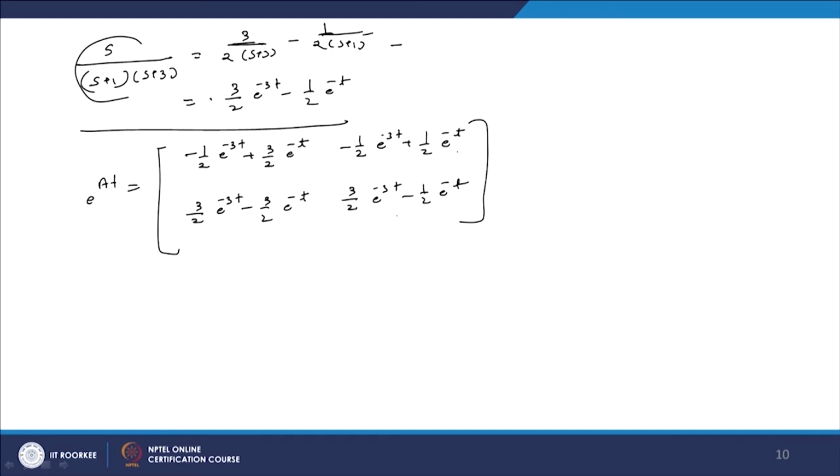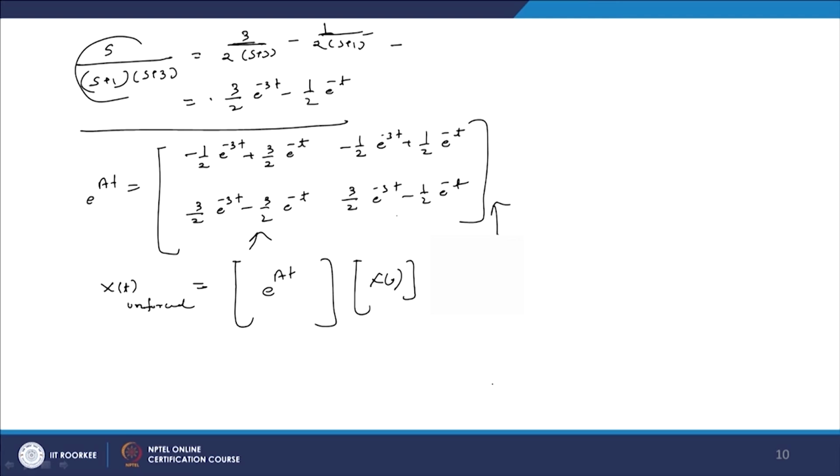Now, we want x of t for the unforced part, that is this portion, e raised to At, and we have x naught, the initial conditions. So, the initial condition is 0 1. If you multiply these, what happens? The left side portion is neglected because 0 will come.